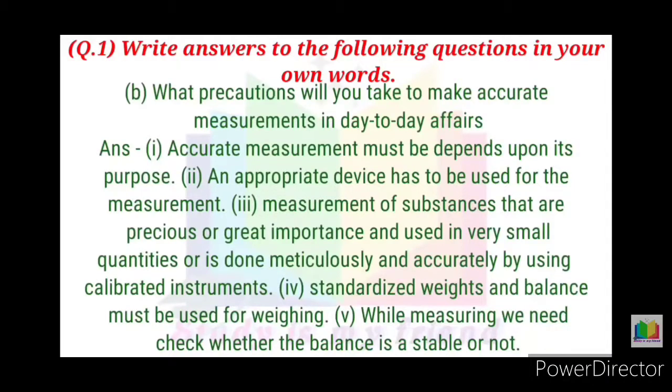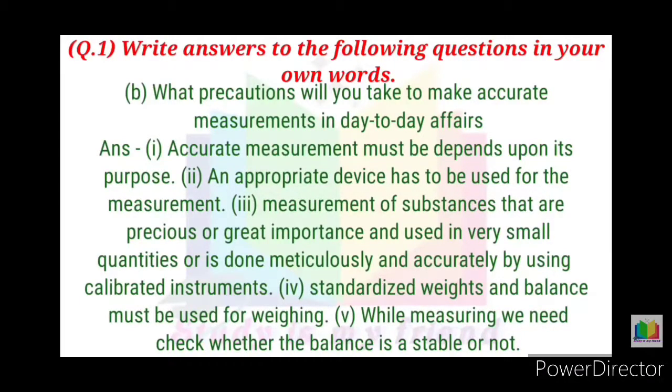Question B. What precautions will you take to make accurate measurements in day-to-day life or day-to-day affairs? First, accurate measurement depends upon its purpose. An appropriate device must be used for the measurement.